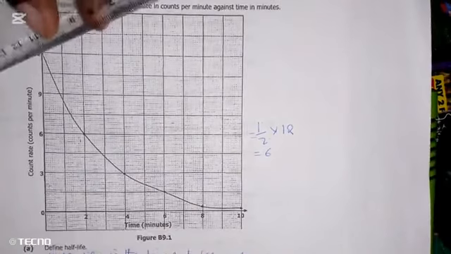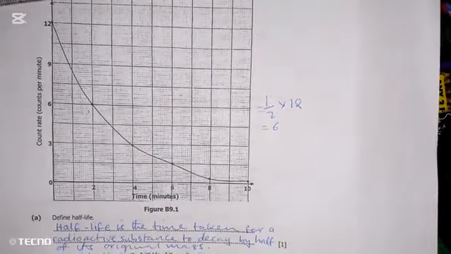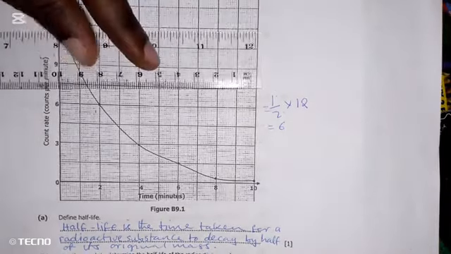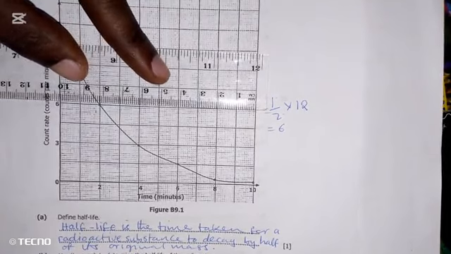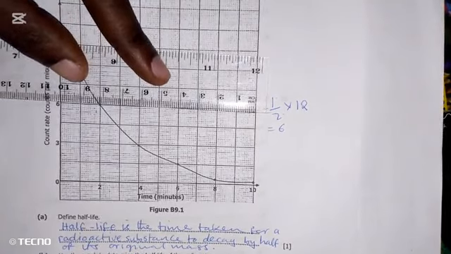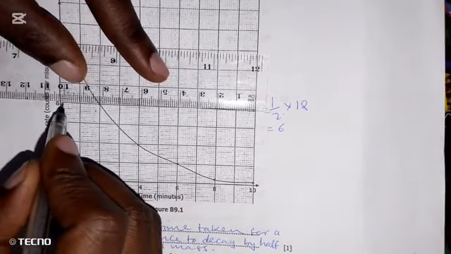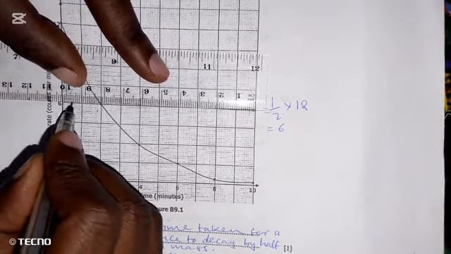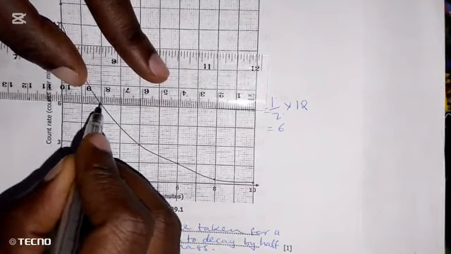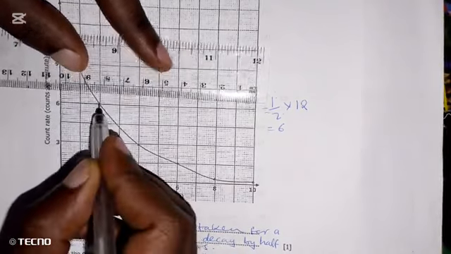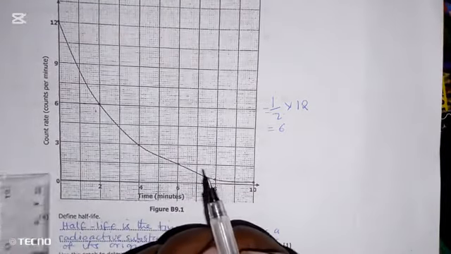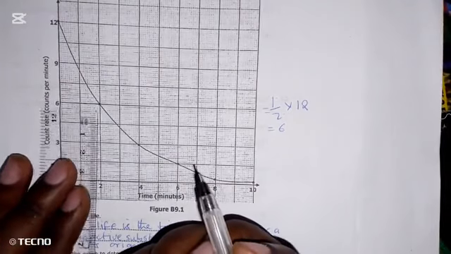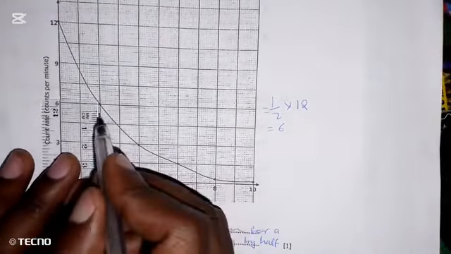Remember from the definition, half-life is the time that we are going to find. So you go where there is 6. Here is where our 6 is. Then you draw a line like this. Once you touch the curve, you stop, then you drop down this side.